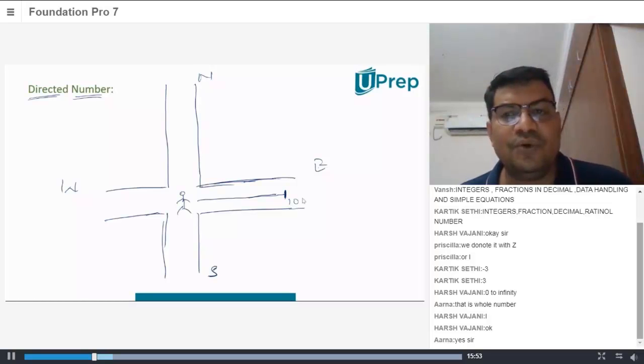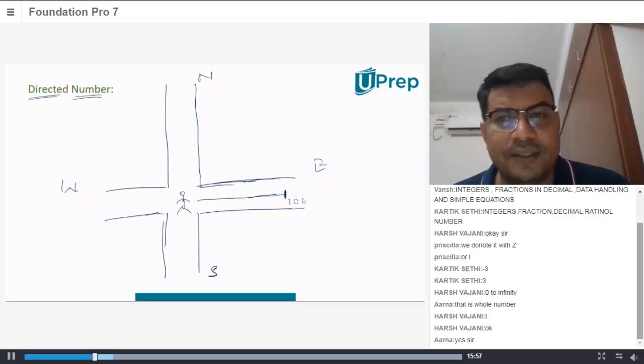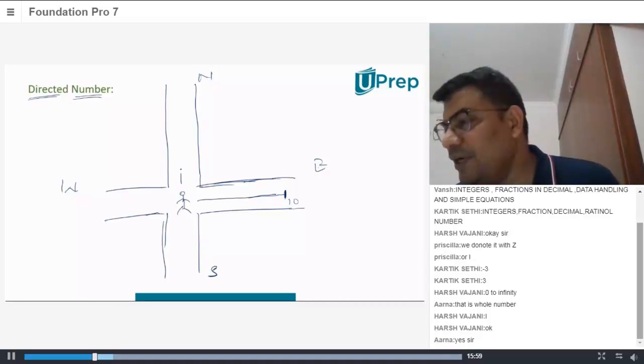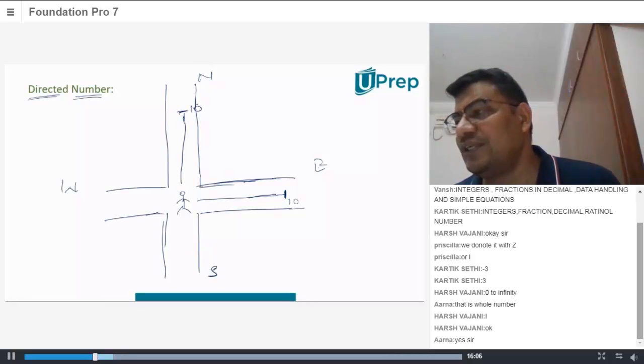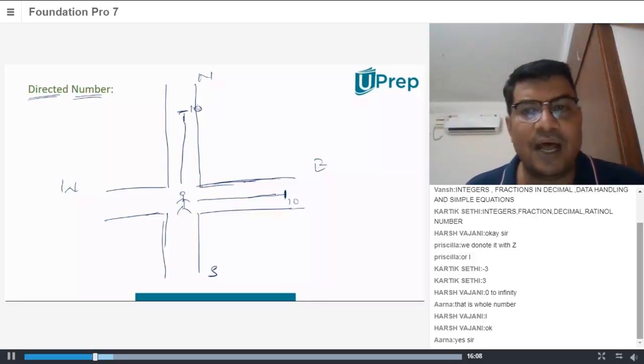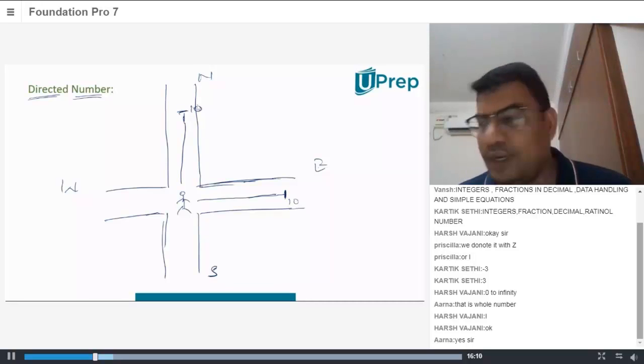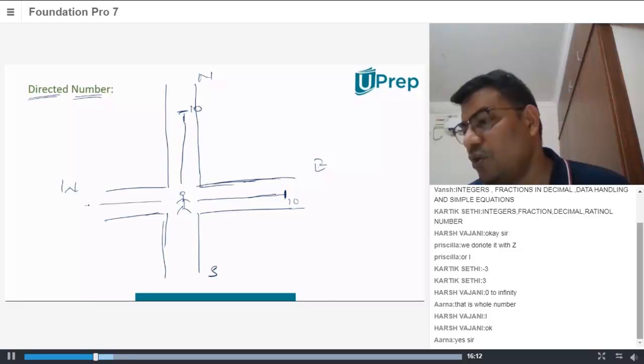If someone tells you to go 10 meters north, you can go 10 meters in this direction and say, hey, I've reached 10 meters towards north. So you know the direction, right? Now, if someone tells you to go 10 meters west, you also know how to go if you know the direction.